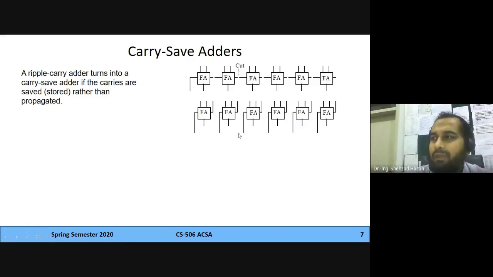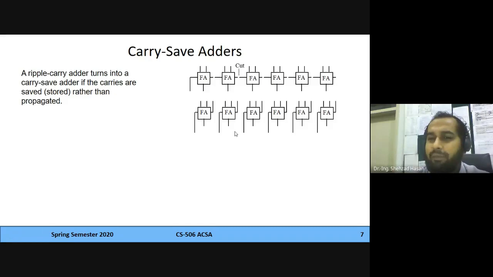Now what do you mean by saving them? We are going to use them at another level, right? So it's going to work in levels. Now this type of carry save adder is more suitable for multiplication operations.